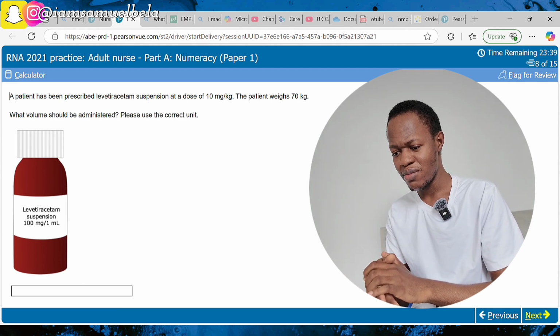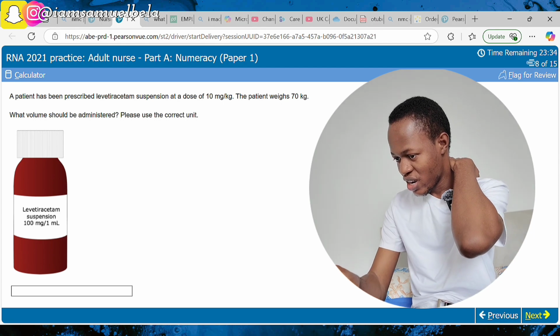A patient has been prescribed levetiracetam suspension.